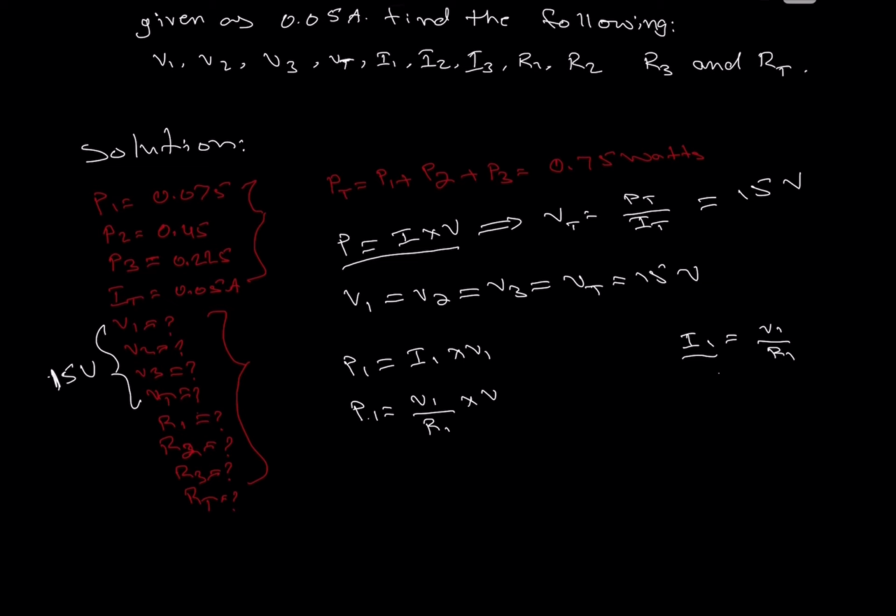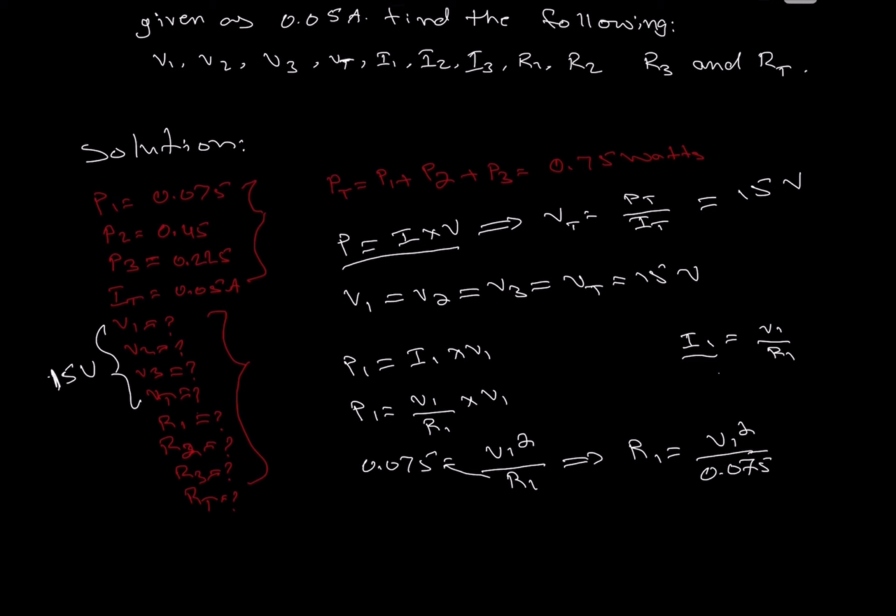We will plug in the values that we have. P1 is 0.075. V1 times V1 will be V1 squared over R1. So to find R1 will be V1 squared over 0.075. What we did is swap these numbers, it's a mathematical method.